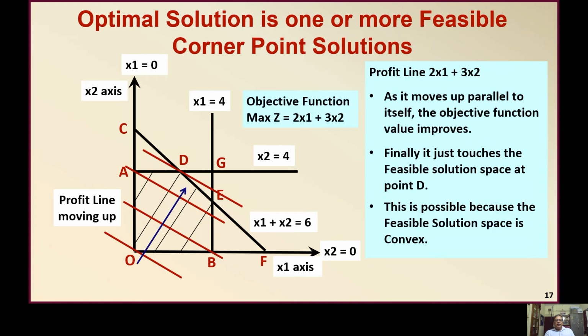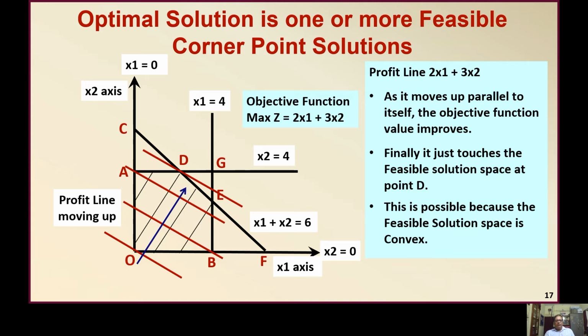Now, next is why the optimal solution is at one or more feasible corner points. Let us take the profit line. What is the gradient of the profit line? The profit line is 2x1 plus 3x2. How to draw it? Very simple. You take a particular profit.